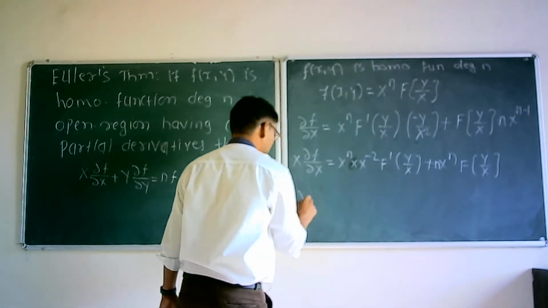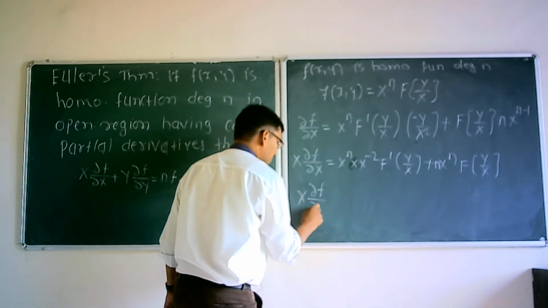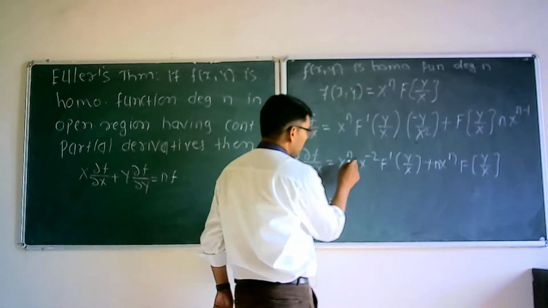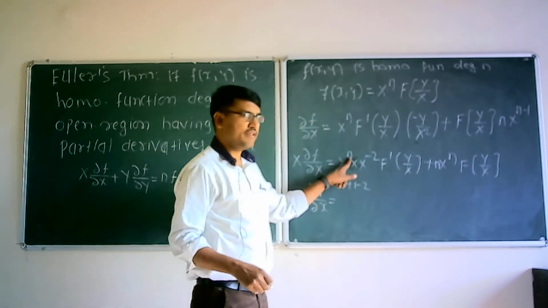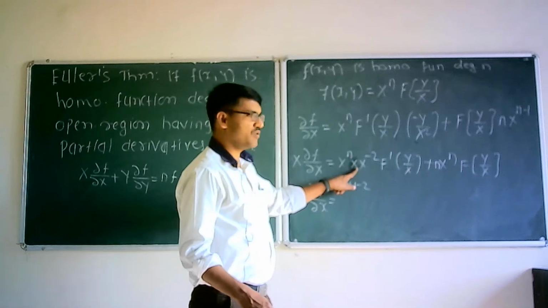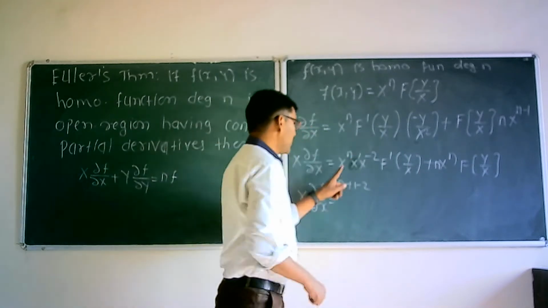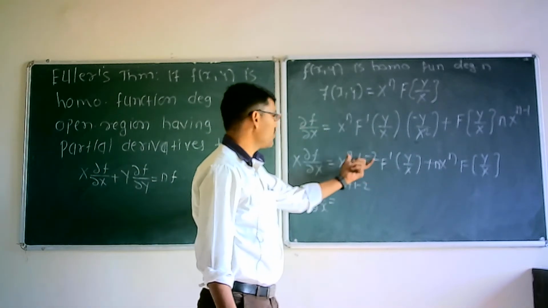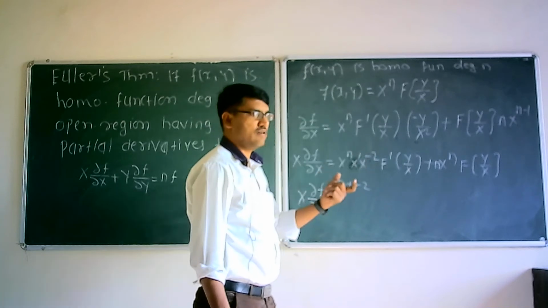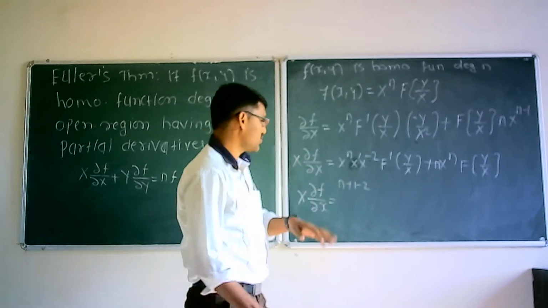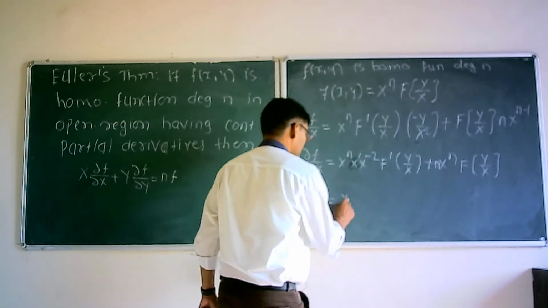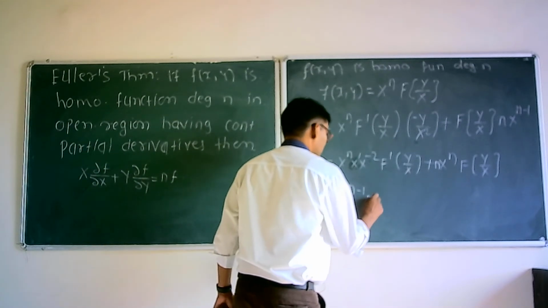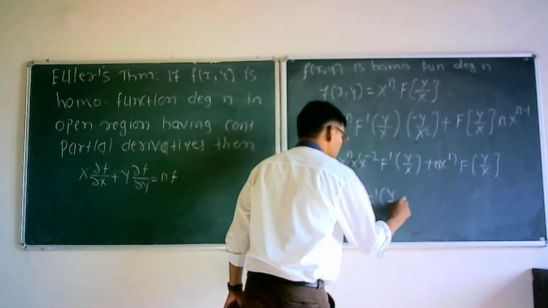If you simplify, x raised to n plus 1 minus 2 is x raised to n minus 1, x raised to n minus 1 f dash of y/x.